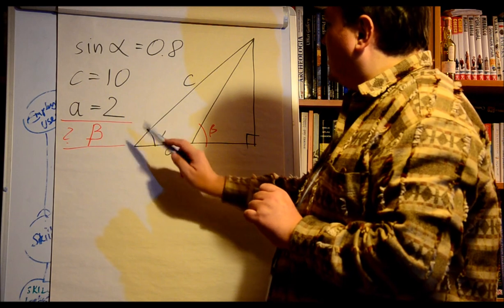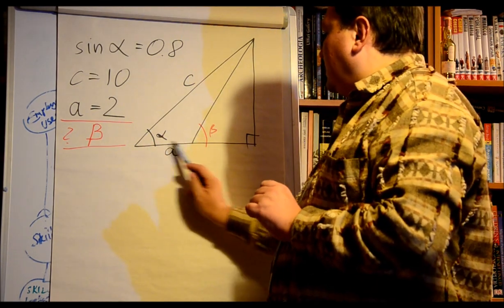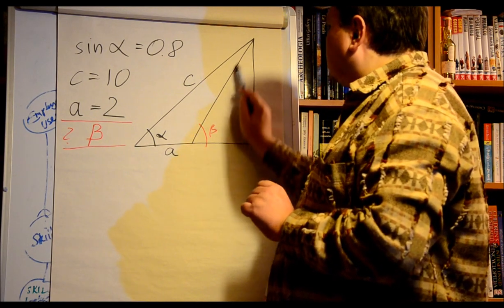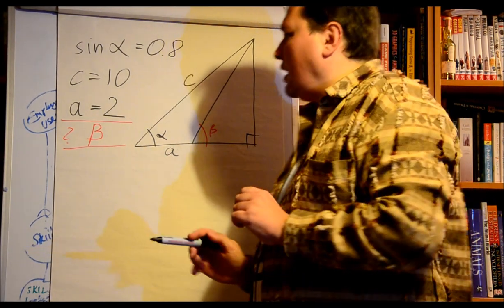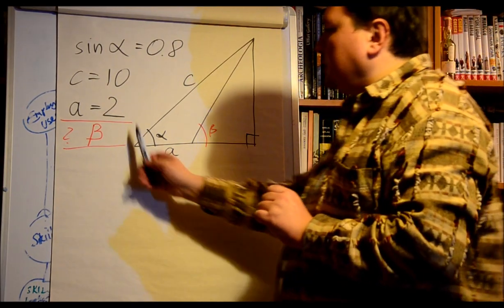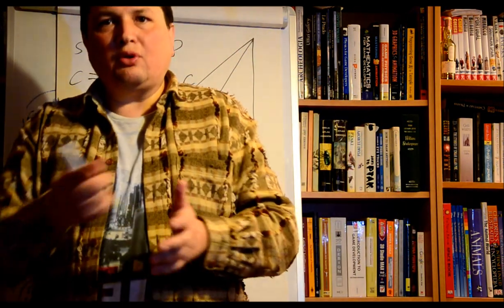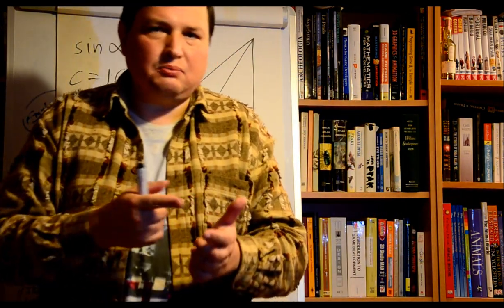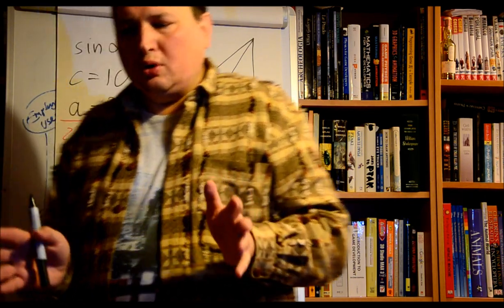We also know c, this edge of this triangle here, and a. So we know a lot about this strange triangle here, which is definitely not a right triangle, and we are looking for beta. If we are looking for beta, this actually means that whatever we found, whether it is sine beta or cosine beta or tangent beta, will be equally good.